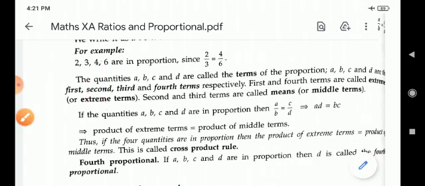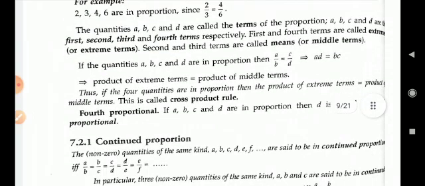Okay children, if the quantities a, b, c and d are in proportion, then a upon b is equal to c upon d, which implies that ad equal to bc. Product of extreme terms is equal to product of the middle terms.